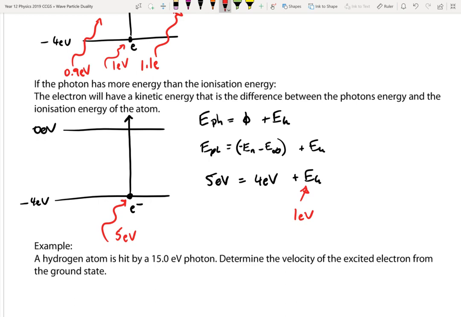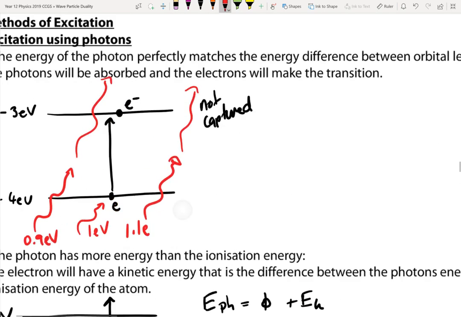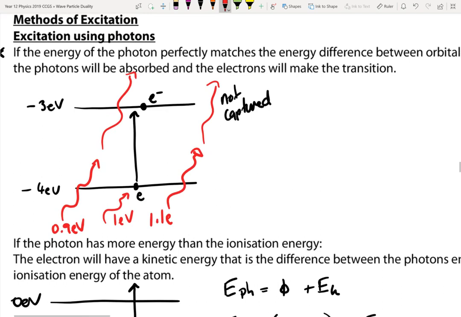But remember Bohr said that an electron can't exist between those levels. So what we're saying with the 1.1, it's like saying to capture the 1.1, this electron would have to exist at negative 2.9. And the Bohr postulate said that the electrons are not allowed to exist at negative 2.9. They can only exist at finite levels.